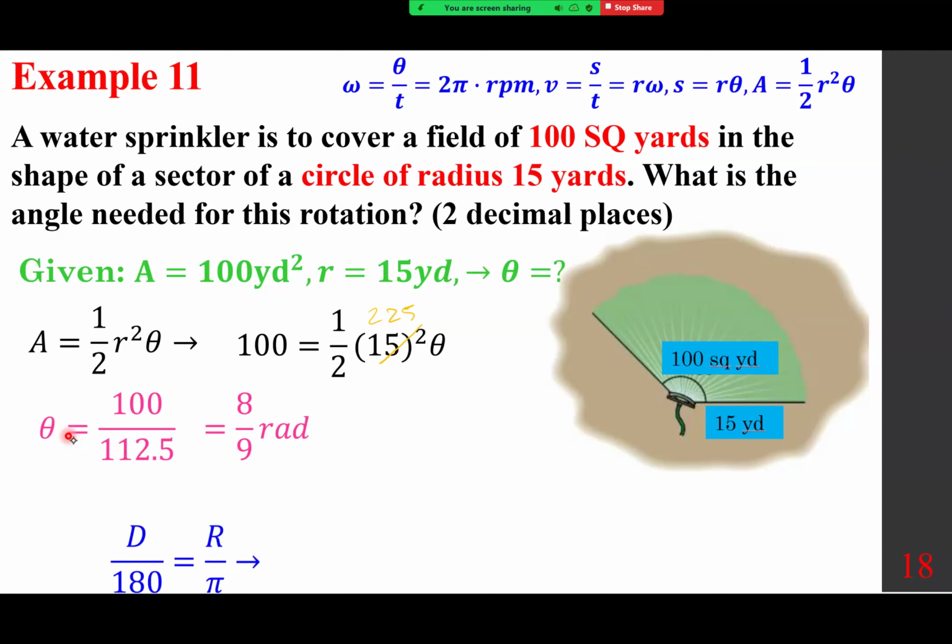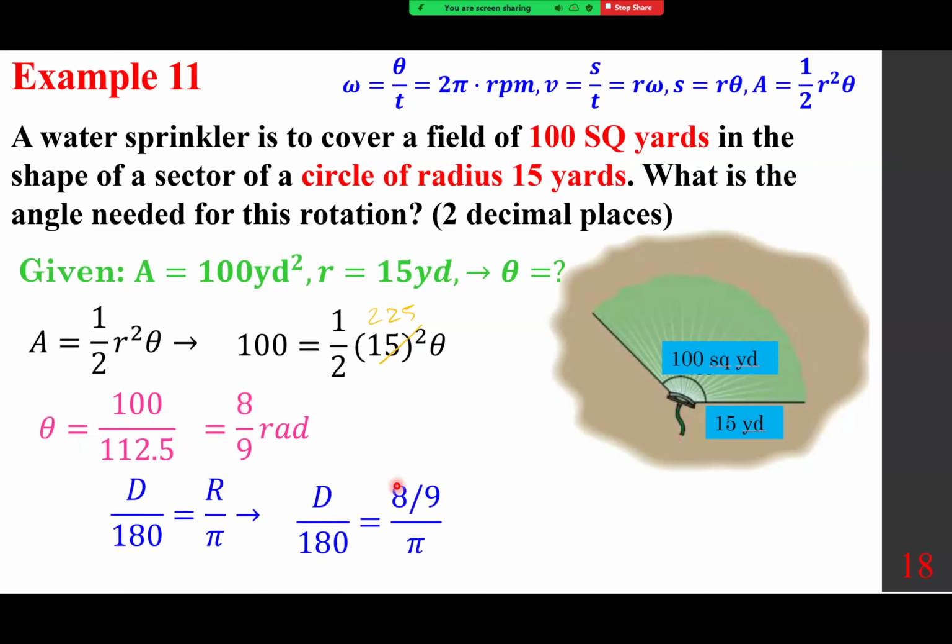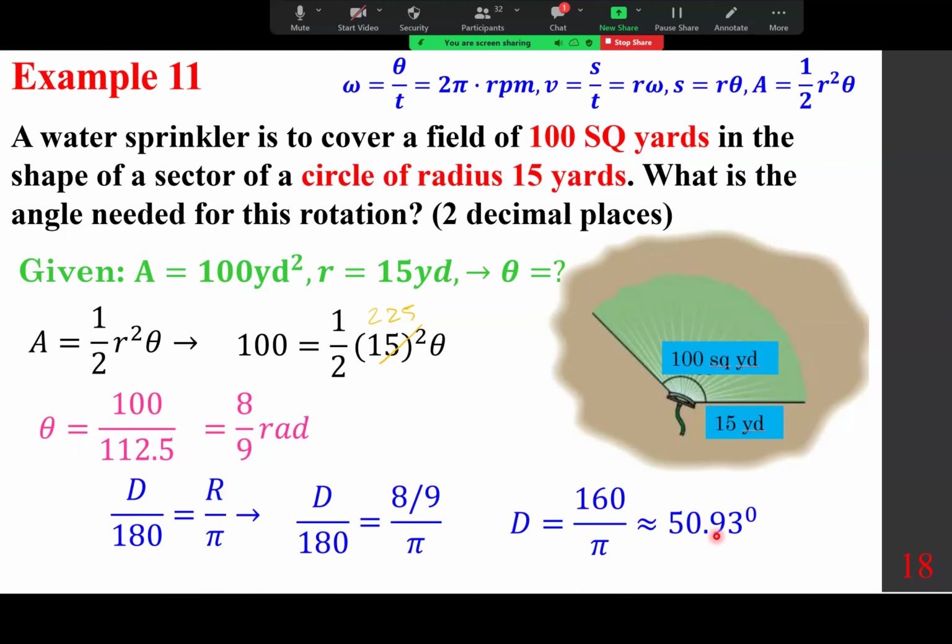To change it to degrees, with this formula, replace the R with 8/9. Cross product gives you this answer, roughly 51 degrees, 50.93 degrees.